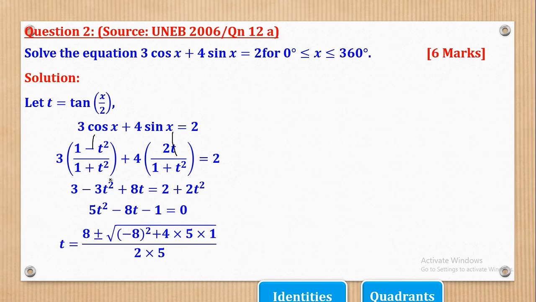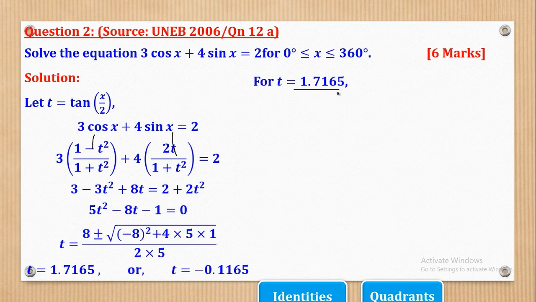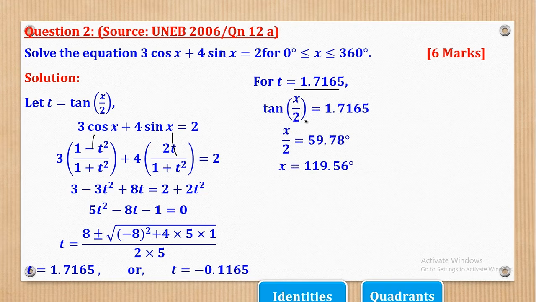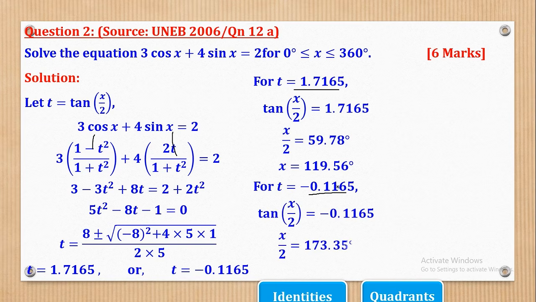Solve the quadratic equation and get the values of t. Then for t equal to 1.7165, tan x over 2 is that, x over 2 is that, and x is that. Also for t equal to -0.1165, tan x over 2 is that, x over 2 is that, and x is that.